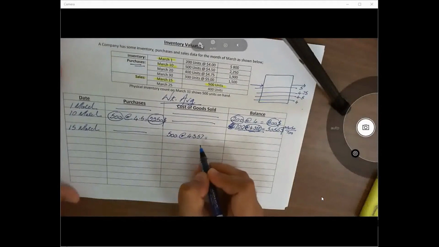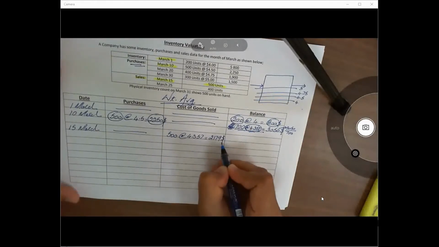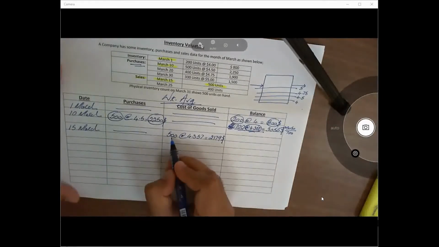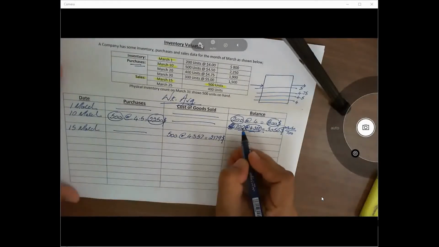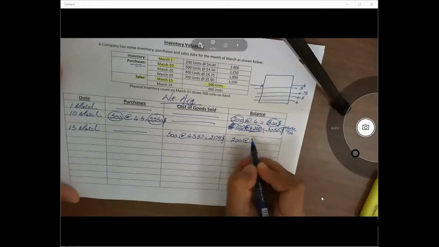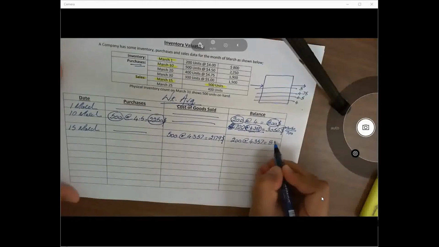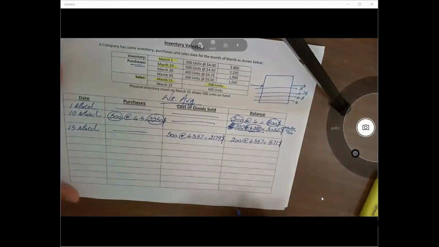So 500 times 4.357 is $2,179. If we sell 500 units now, out of these 700, how much will be left over? So 700 minus 500 is 200 units, but again at the cost of 4.357, which will give us a total value of $871.